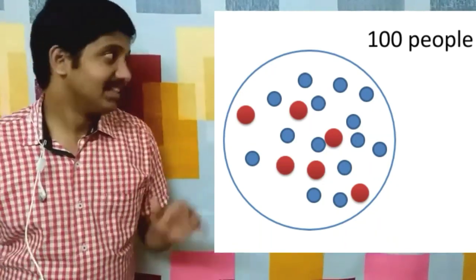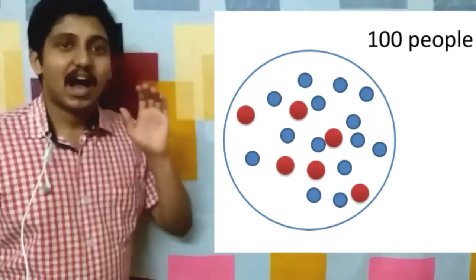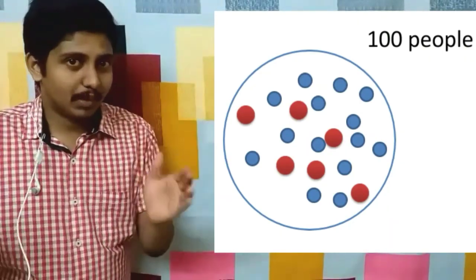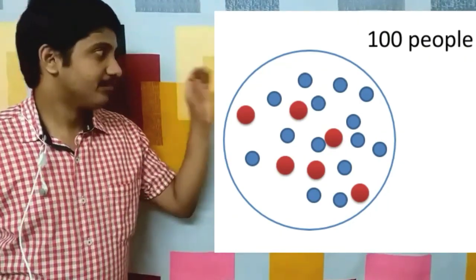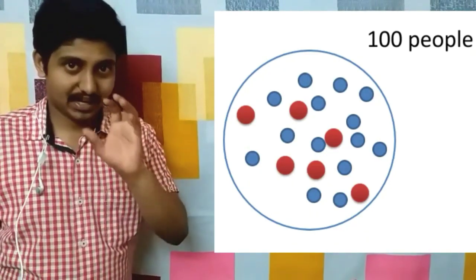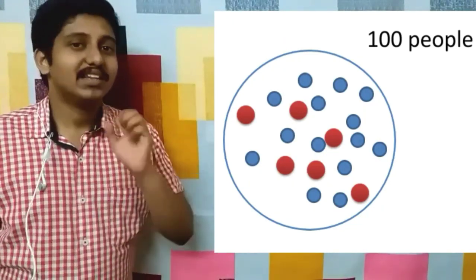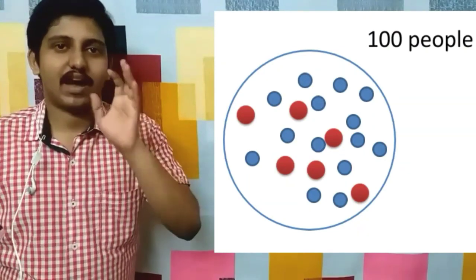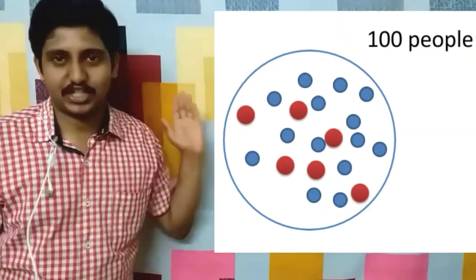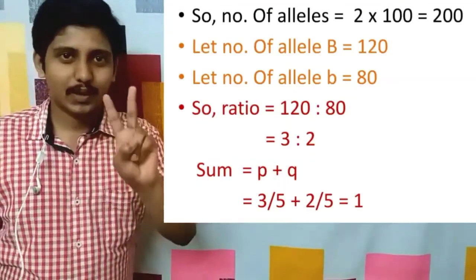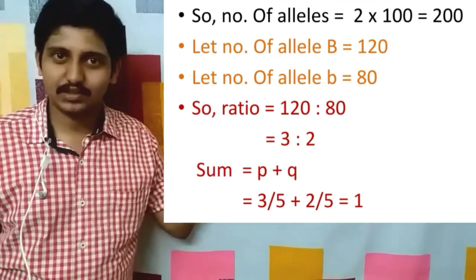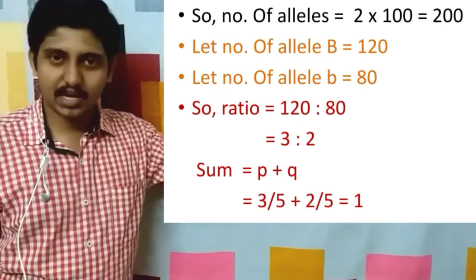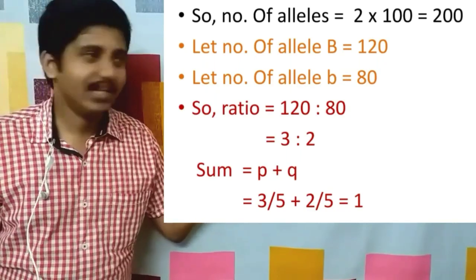Also remember that this is a population of 100 human beings alone, and if eye color is taken as the gene or character, how many alleles of eye color will be there in this population? We have two alleles for a particular character, that is capital B and small b. So 2 into 100, 200 alleles.